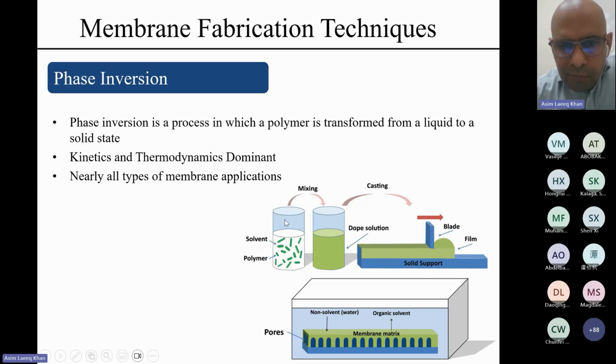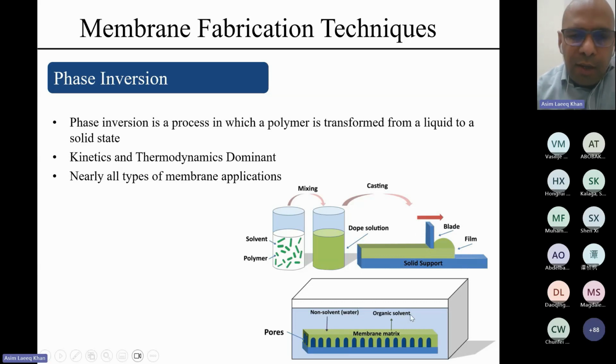So what happens in case of phase inversion? Generally polymers are solids, so we use an appropriate solvent to make a solution. We call it dope solution, casting solution, or a polymeric solution. Then by using thin blades, we cast this into a thin film, and then we immerse it in a non-solvent bath or a coagulation bath.